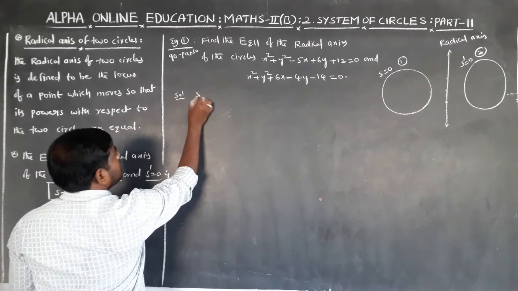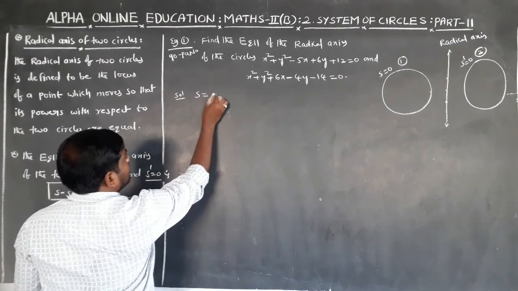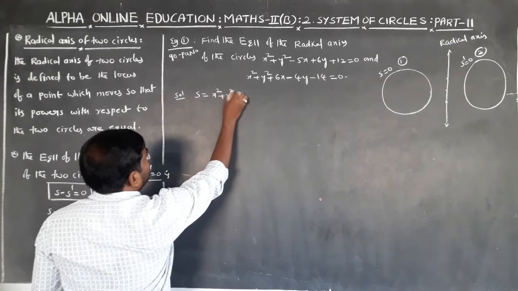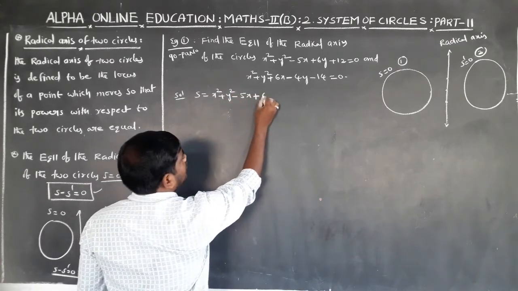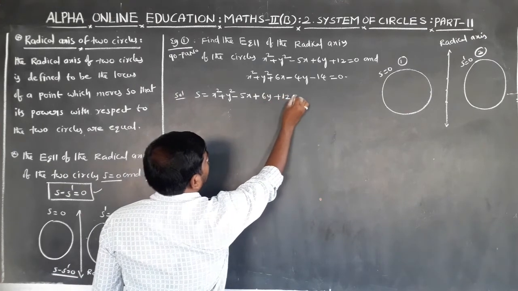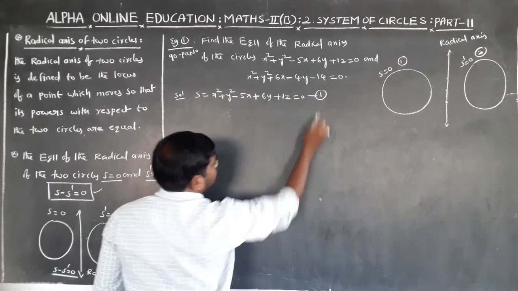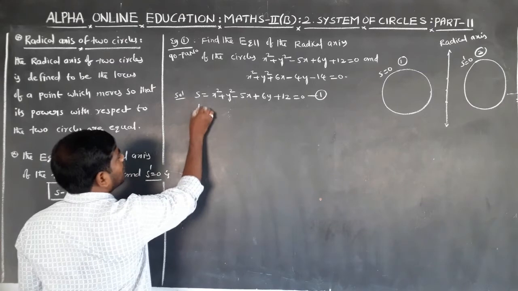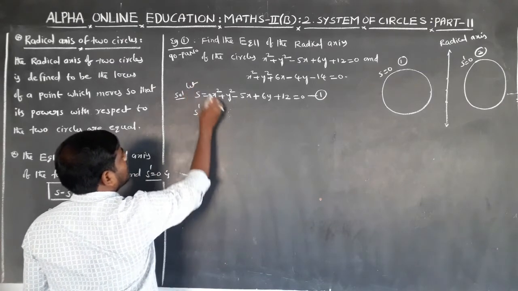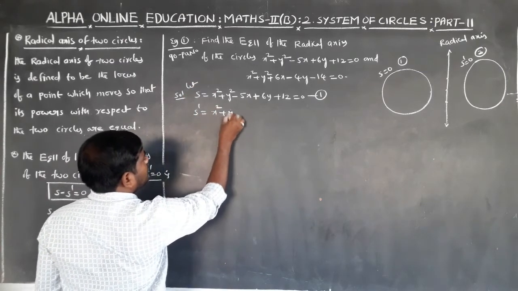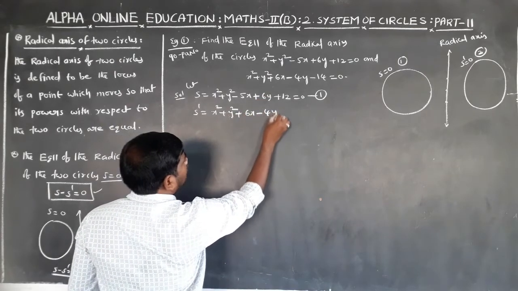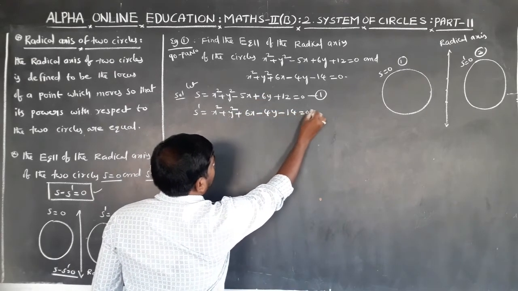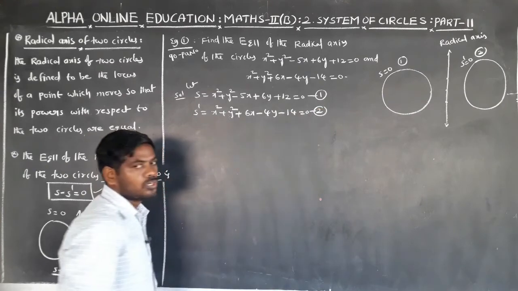Here the equation of the first circle S is equal to x square plus y square minus 5x plus 6y plus 12 is equal to 0. Second circle S dash is equal to x square plus y square plus 6x minus 4y minus 14 is equal to 0.